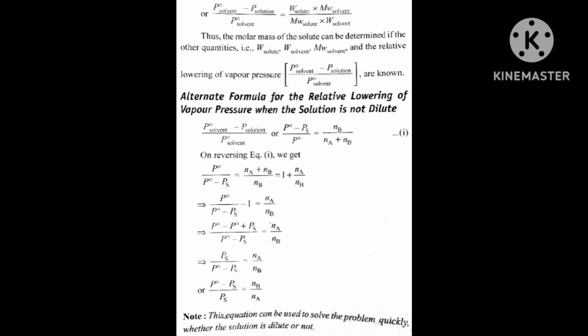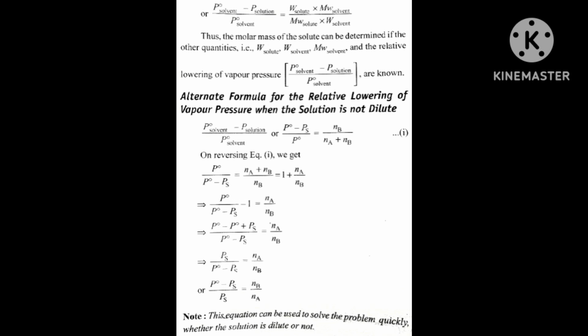Many things you have now written. After that, when delta P1 is equal to x2 into P1 naught, what is the value of x2? This is the mole fraction of the solute. x2 means solute.